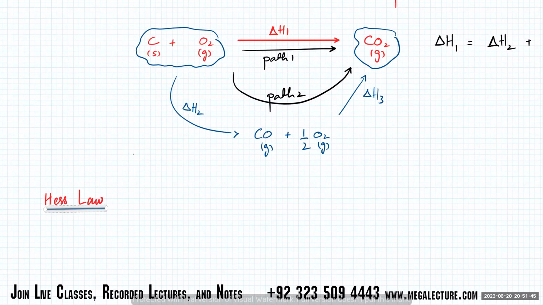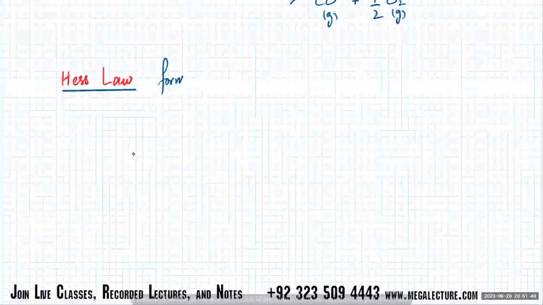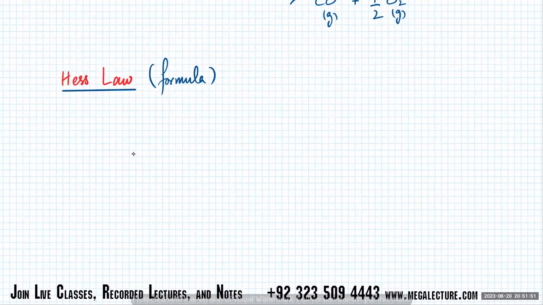Now the Hess law formula was kind of conditional. There's a condition required for the formula to apply. The condition was that let's say you've got a reaction, and the reactants are turning into products.